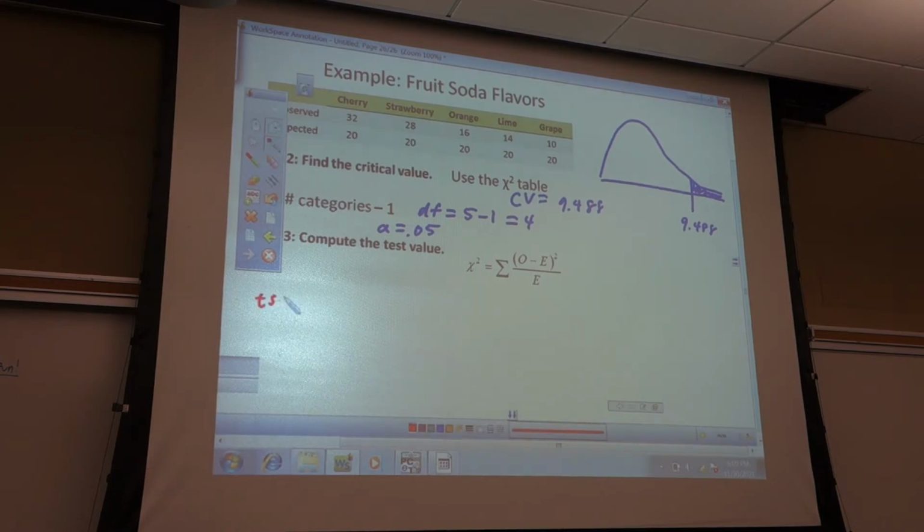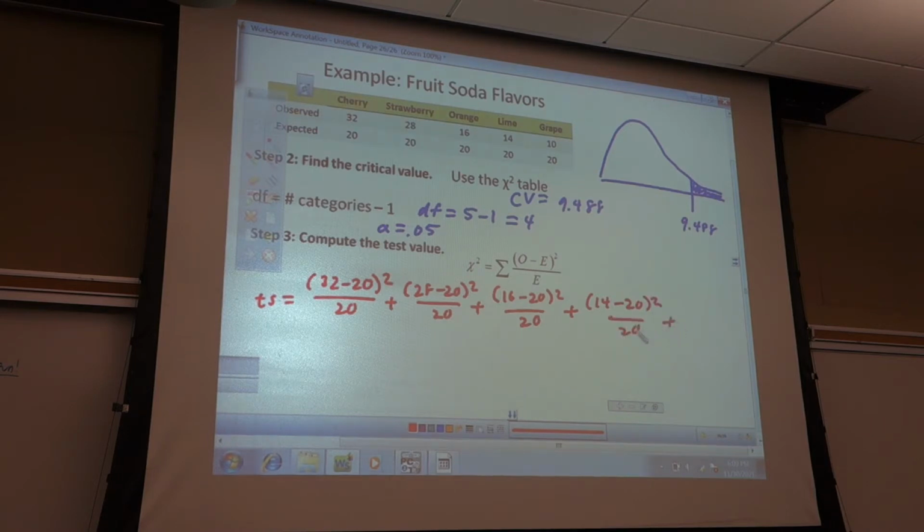My test stat is equal to my first observed, 32 minus 20 squared over 20, plus 28 minus 20 squared over 20, plus, you should be writing this down with me, 16 minus 20 squared over 20, plus 14 minus 20 squared over 20, plus the last one, 10 minus 20 squared over 20.